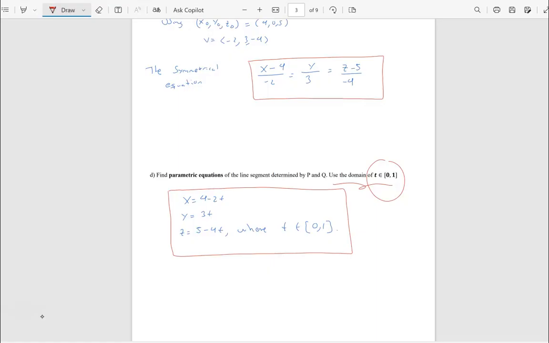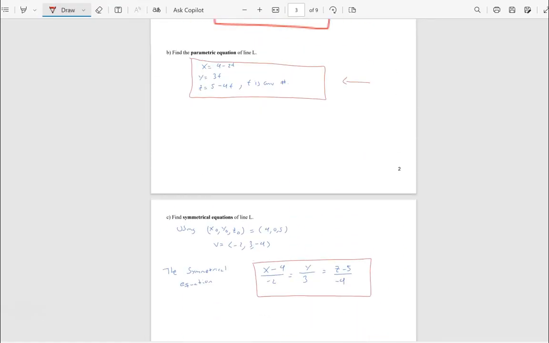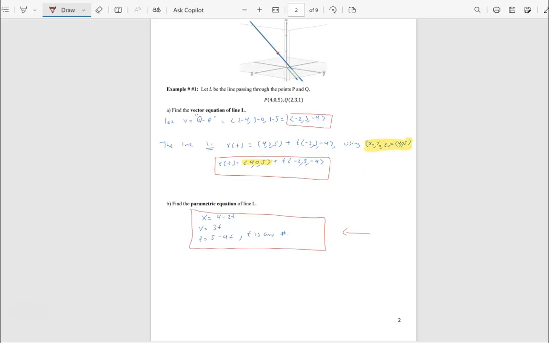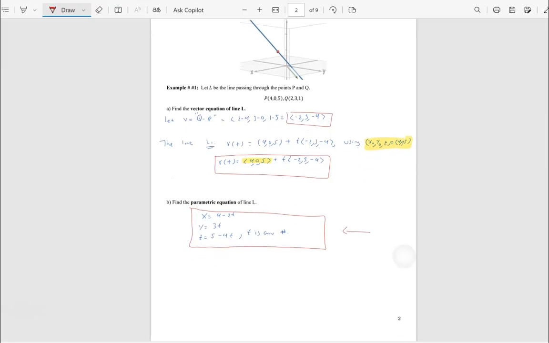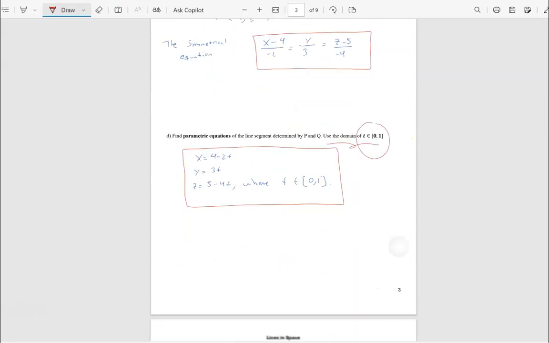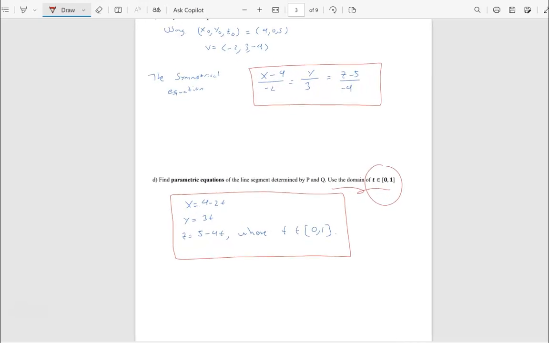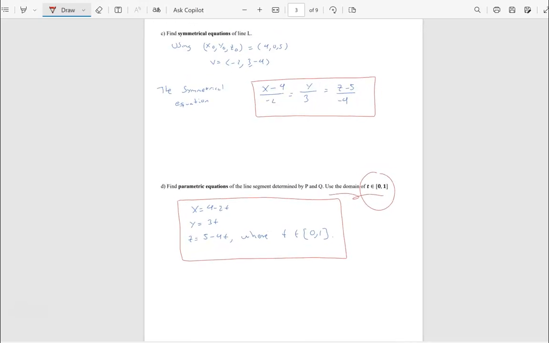So in essence, here we're restraining the domain. For the previous one, when you find the parametric equation of the line, unless you have any restrictions, you typically write that t is a real number. In this one, they only want the values of t to give the line segment between 0 and 1.